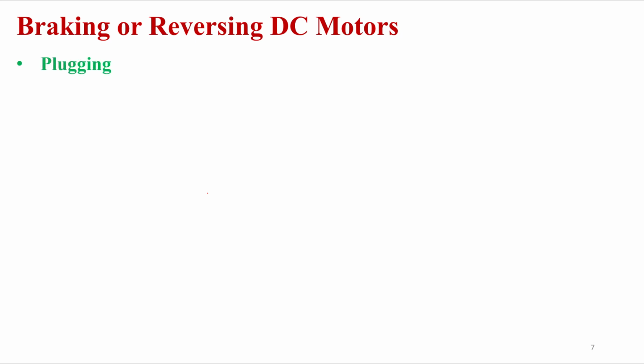So braking of motors happens by three methods. One is plugging. Plugging means we need to reverse the connection of the armature circuit. As soon as the armature circuit is reversed, the current will flow in the opposite direction, so the motor will start rotating in the reverse direction. First the speed will brake, then it will rotate in the reverse direction.